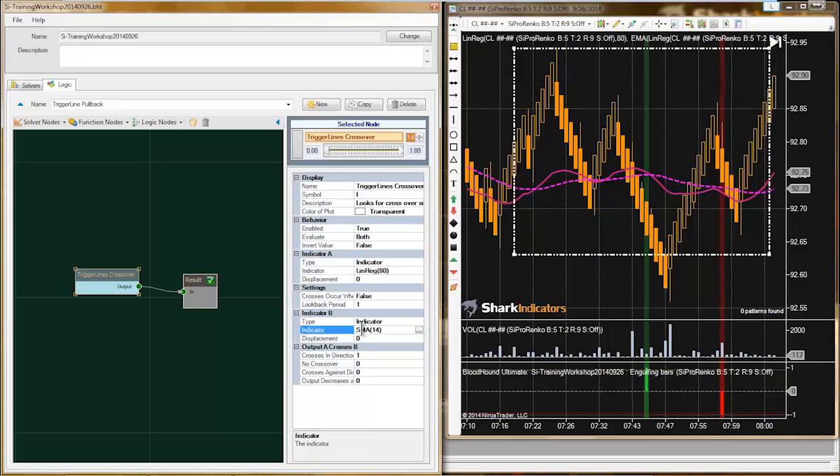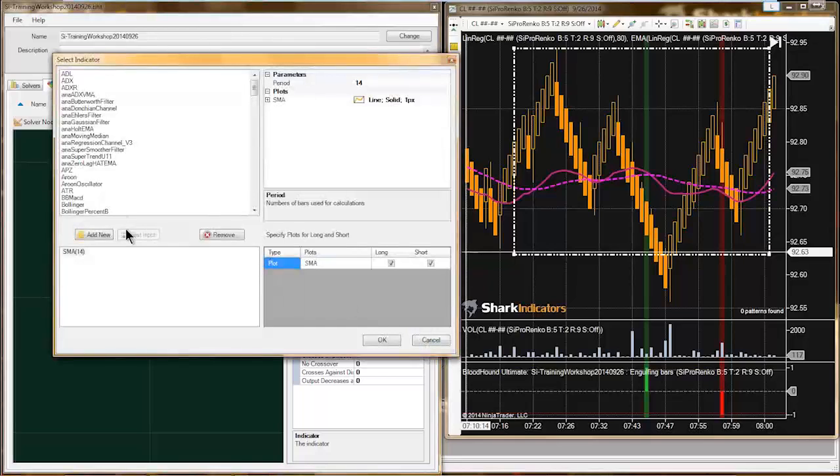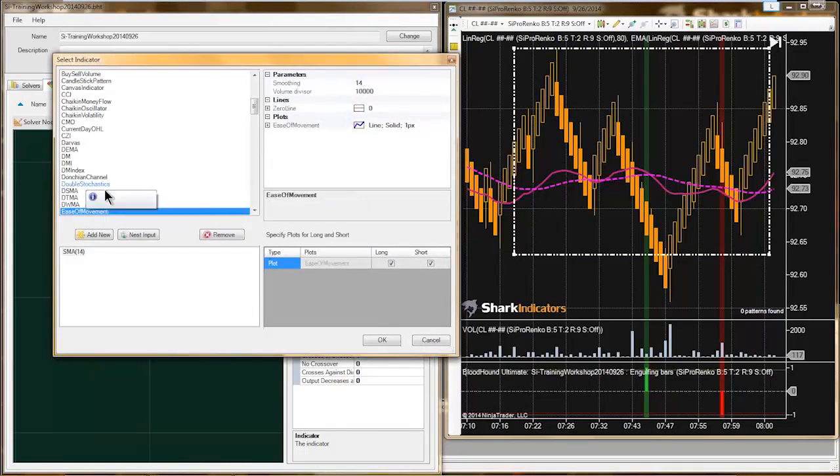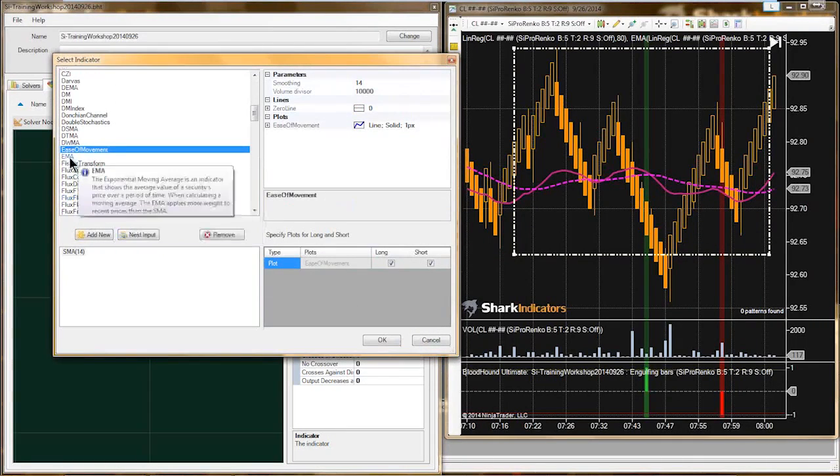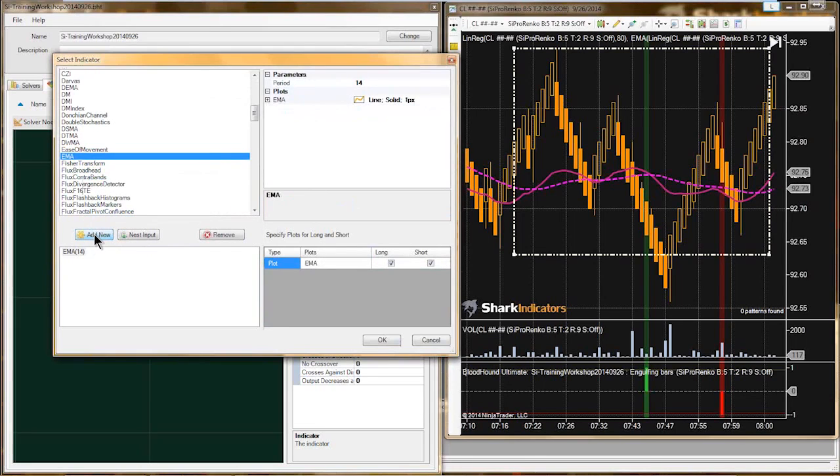And down here, indicator B needs to be our slower moving average, right? So it's going to be the EMA of the linear regression. So we're going to need the EMA first. So we're going to add the EMA on here. Change that to the EMA.